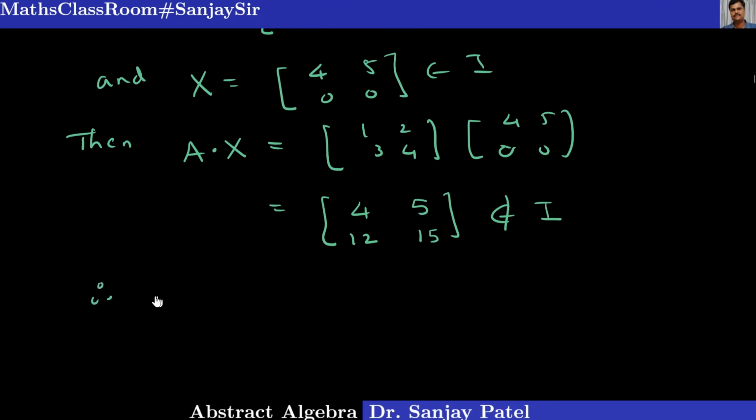Therefore I can say that I is not a left ideal. Why? Because the ring element A is on the left hand side of X, and for these particular matrices we have shown that A into X does not belong to I. So the left ideal condition fails. This is an example of a set which is a right ideal but not a left ideal.